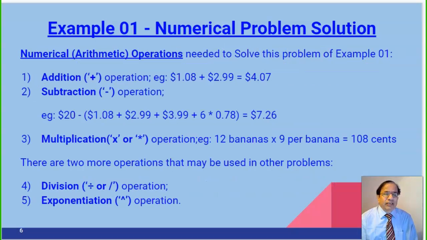There are 5 arithmetic or numerical operations that are needed to solve example 1. Addition with a plus symbol, subtraction with a minus or negative hyphen symbol, multiplication with a star symbol or cross, division with a division symbol or slash, and exponentiation.